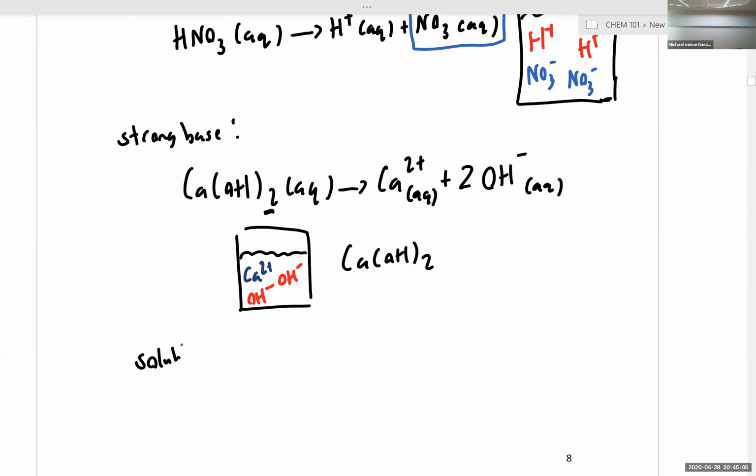Let's look at a soluble ionic compound. Would someone like to provide me a soluble ionic compound for us to discuss today? There are hundreds of potential options, so there aren't many wrong answers here.